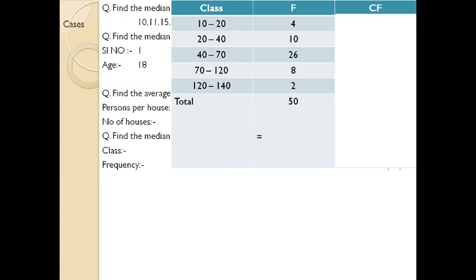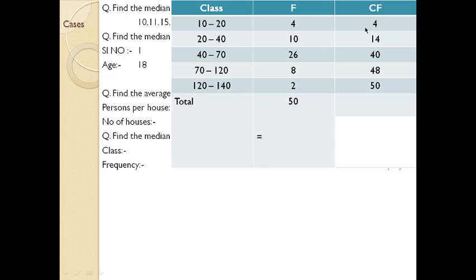Here the first number is 4. The first numbers will be the same for f as well as CF, because from the next numbers onwards only we will be adding all these numbers together. That is why it is called cumulative frequency. Cumulative means you are adding each item one at a time.